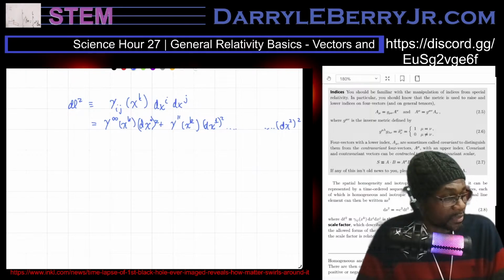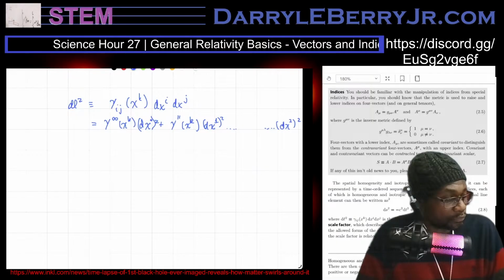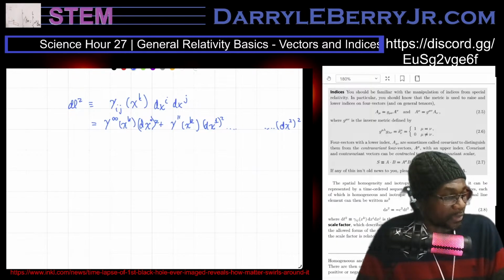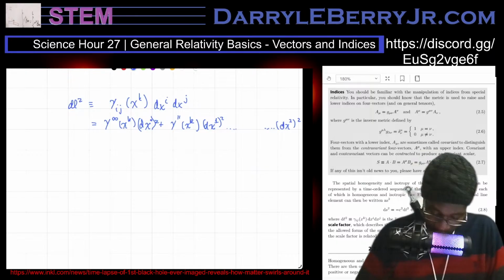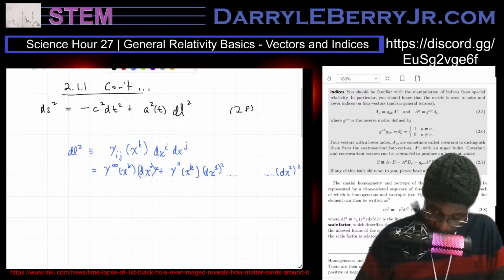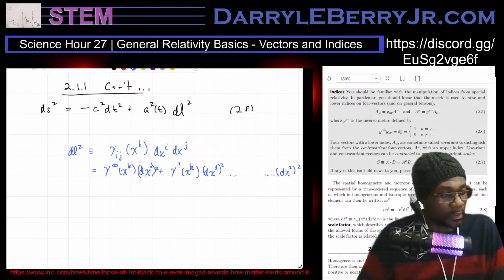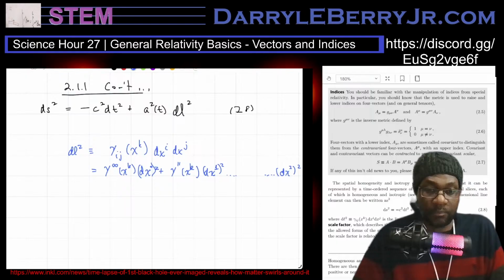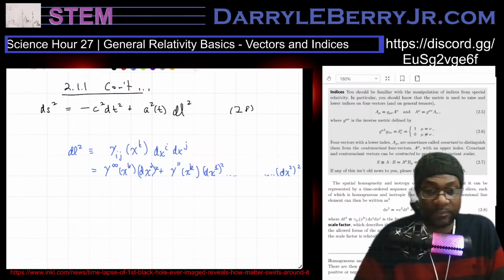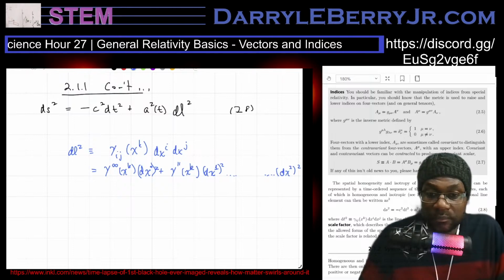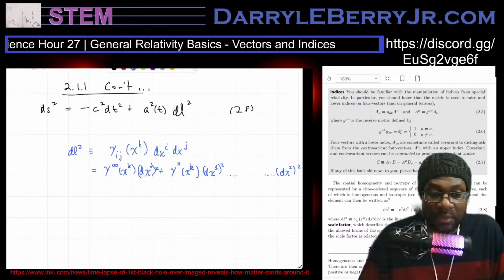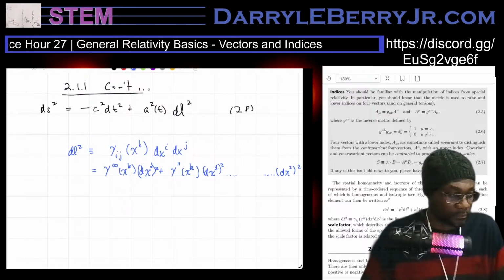It's interesting. So a of t is on the spatial position. You can say negative c squared. Hold up, we need to remove the extra text. There we go.